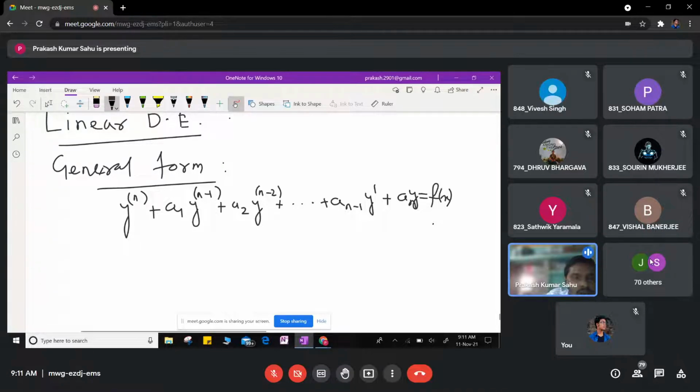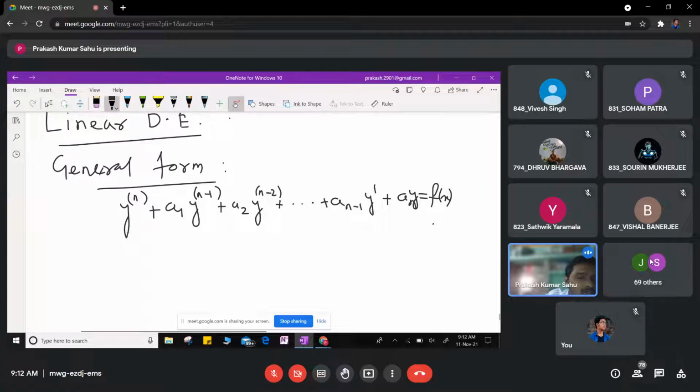That means the power is 1 and the degree is 1. Y and its derivatives are all the unknown function, so the unknown function occurs one time in this equation. That is why the degree is 1, and that is why it is a linear differential equation.